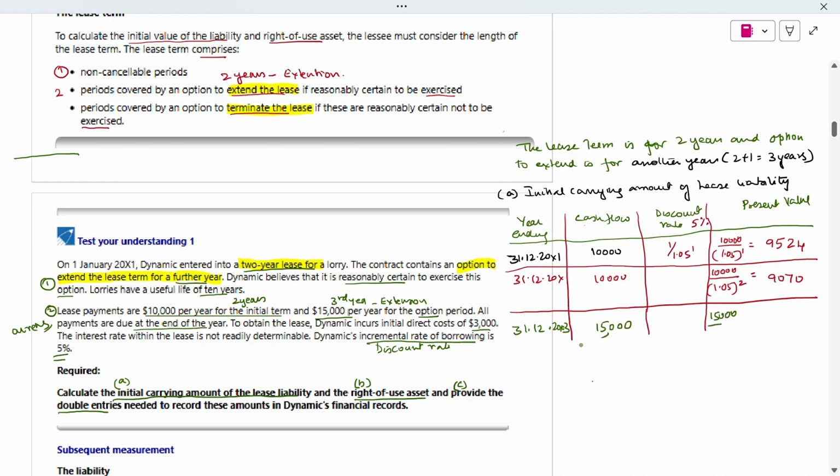15,000 divided by 1.05 to the power of 3. How much will you get? $12,957. Total how much?